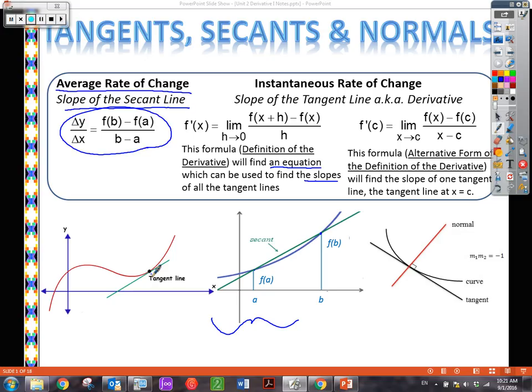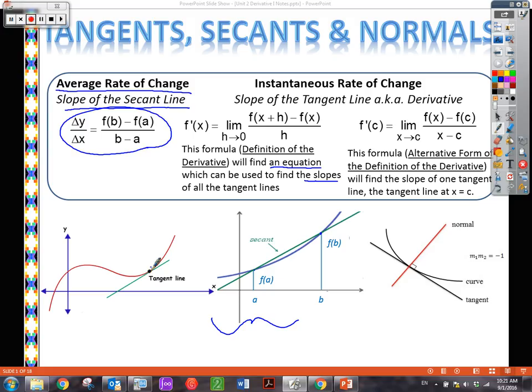And I'm going to say that one more time. The slope of this tangent line, whatever that number is, let's say it's 1. I don't know what it is. Let's say it's 1. This number 1 is the value of the red function's derivative at this point.